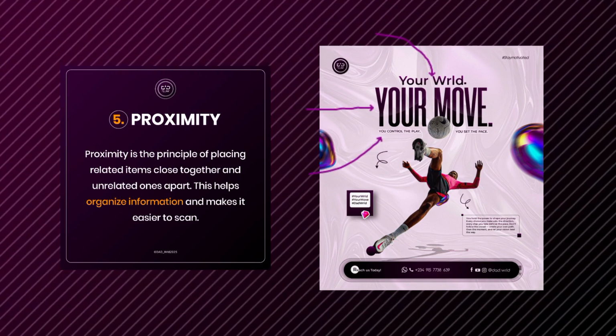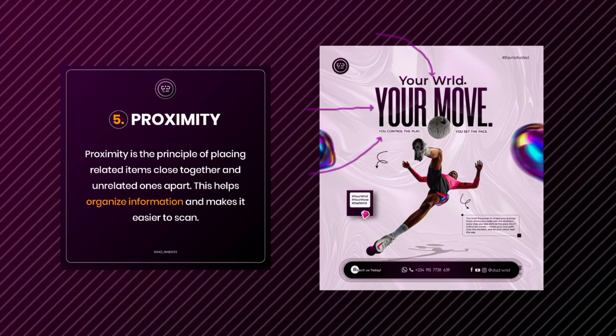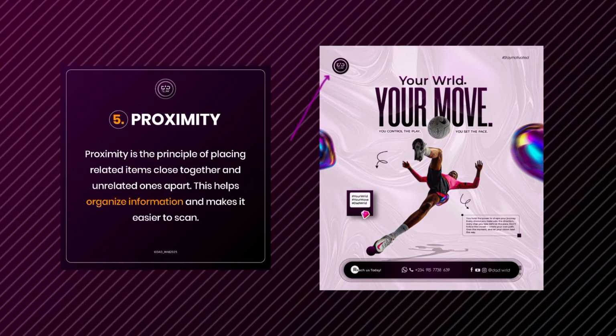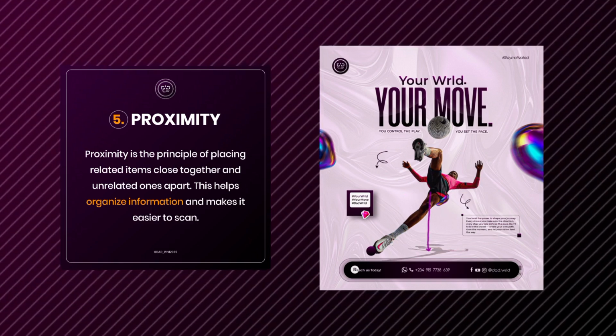In this design, "your word, your move, you control the play, you set the pace" are grouped together because they have the same connection. You have the logo on the other side, not jam-packed together with it, and the hashtag on the lower part, while the motivational speech is on the right-hand side and the call to action below, not bringing everything together.